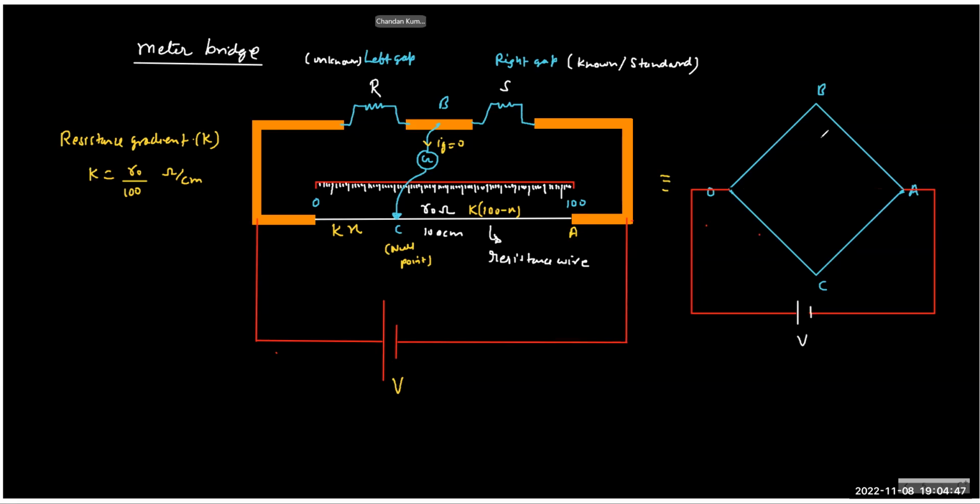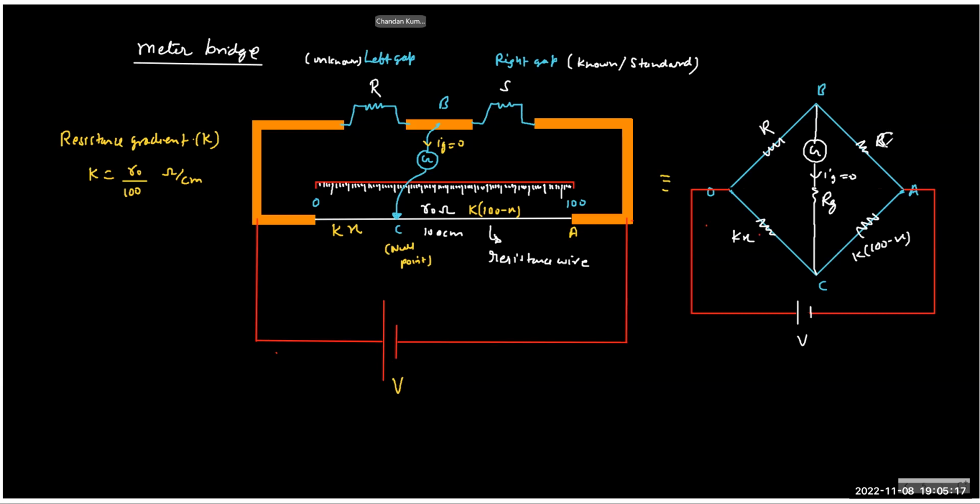So this is the equivalent circuit. You can convert like this. So this will become R. This will become S. What is this resistance? K X. And this is K times 100 minus X. So for balance condition, what is the rule?